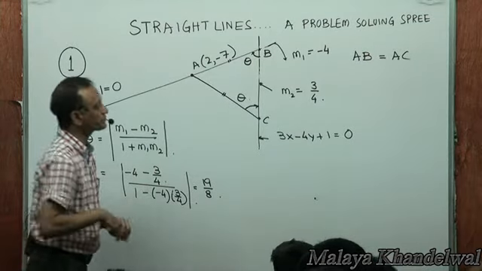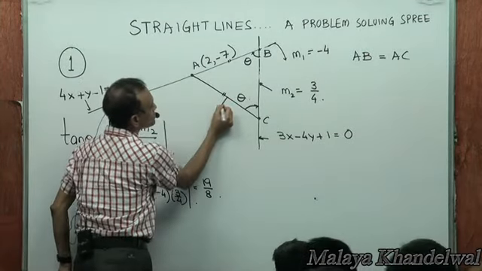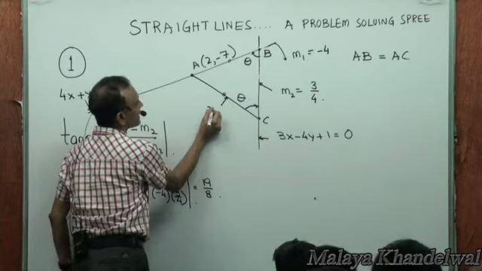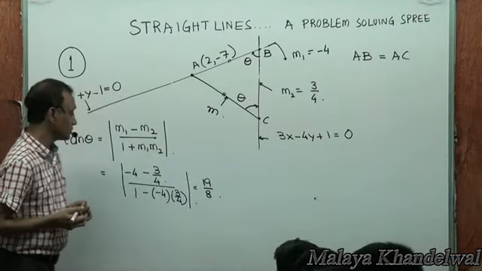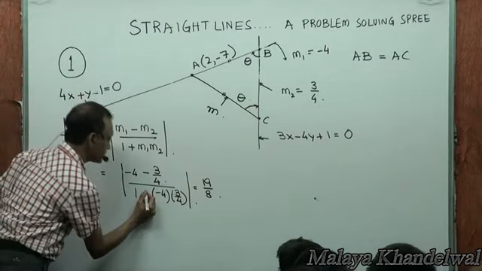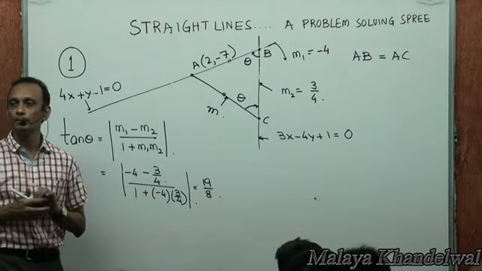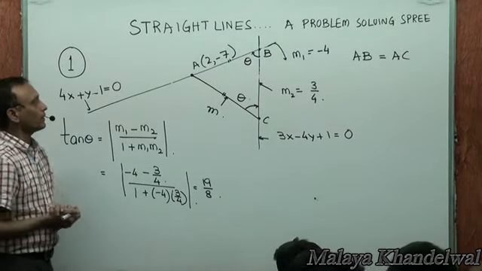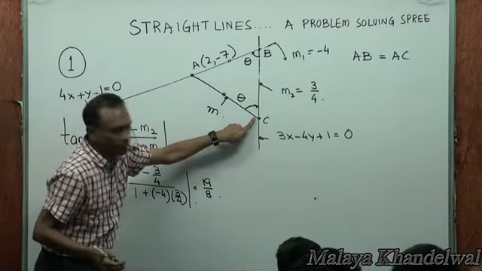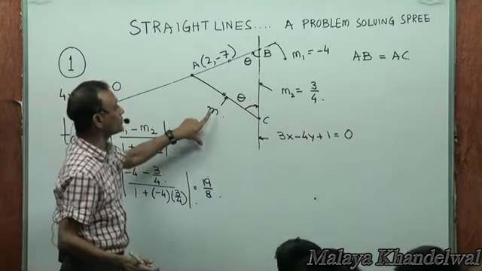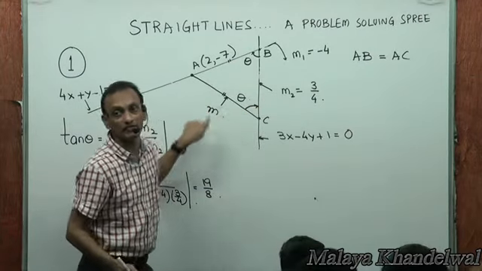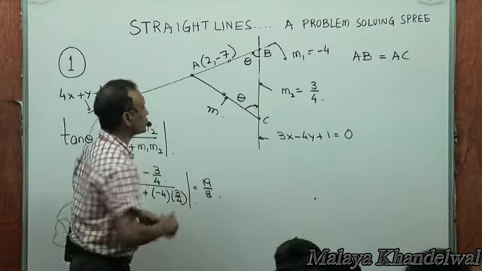Now, suppose the slope of this line is m. So if I can find the slope of this, right? Now, if m is the slope of this line, can I find m? Yes, because tan theta will also be mod of m minus m2 by 1 plus m m2. Yes or no?